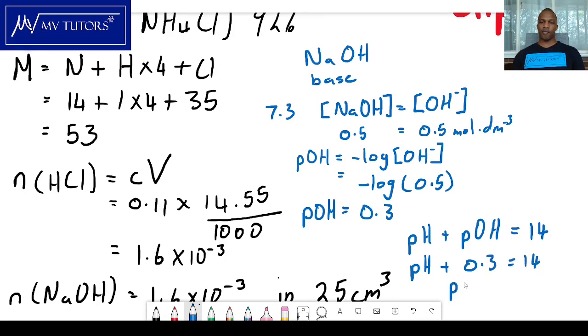So then our pH is just equal to 14 minus 0.3, which is 13.7. That's it, nice and quick. That's our pH, very basic. Strong base.